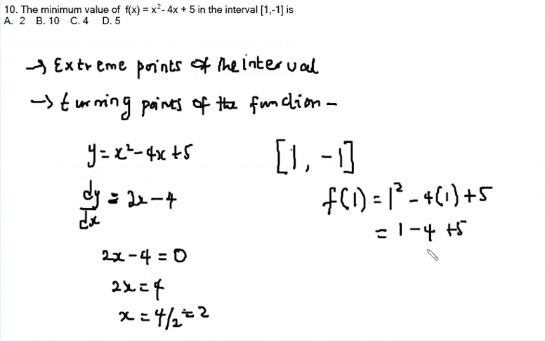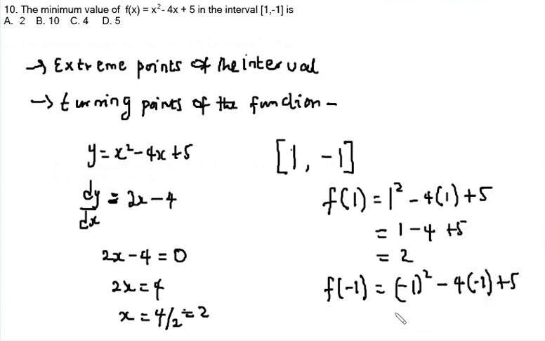So this is equal to 2, and then f of -1 is equal to (-1) squared minus 4 open bracket minus 1 plus 5. So this is equal to -1 squared is 1, -1 times 4 is plus, -1 times -4 is plus 4 plus 5. So this is equal to 10.